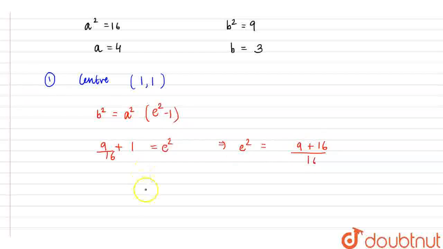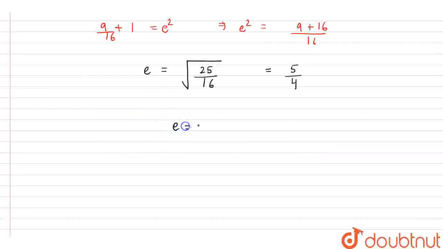So this will become e equals to under root of 25 upon 16. This gives us e equal to 5 upon 4. Hence we know that eccentricity will be equal to 5 by 4. This was the second thing which we need to find out.